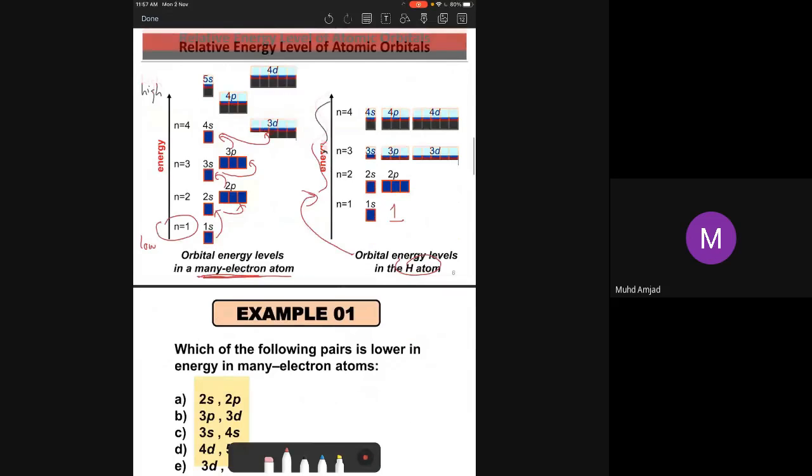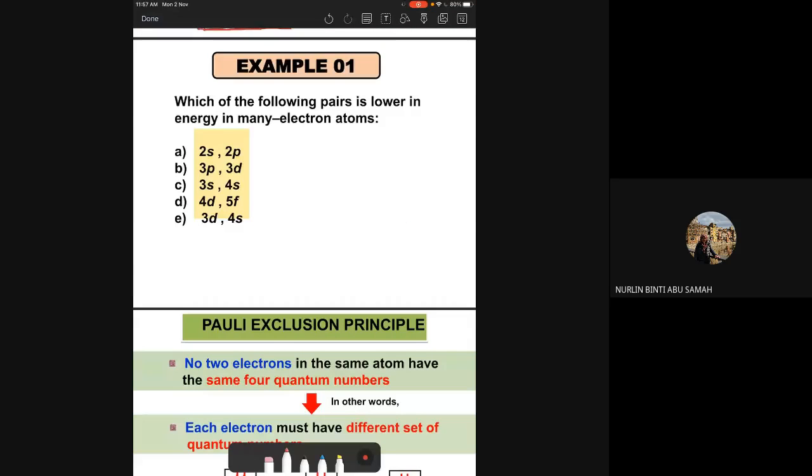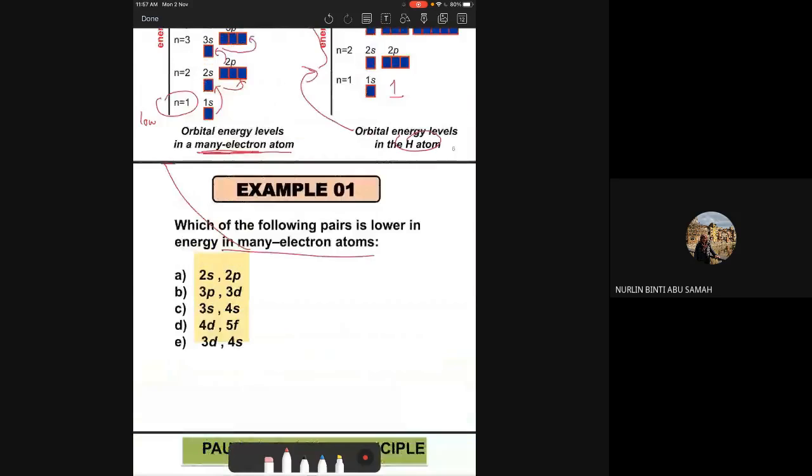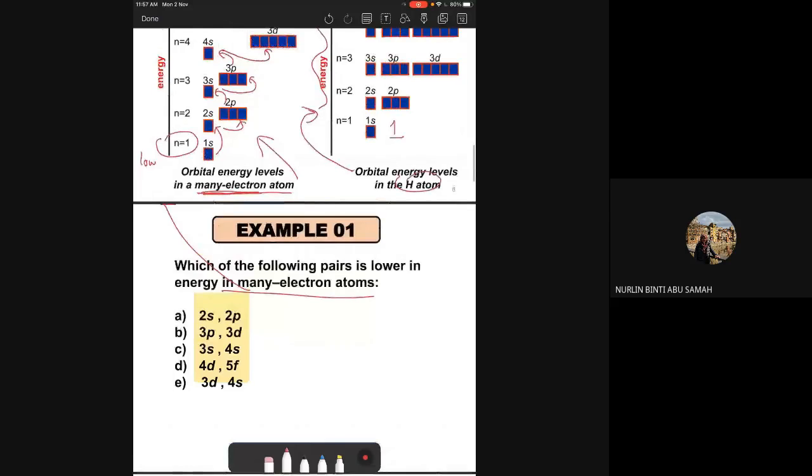Okay. Which of the following pairs is lower in energy in many electron atoms? Okay, in many electron atoms. So kamu kena refer yang ni. Okay, so 2S, 2P.